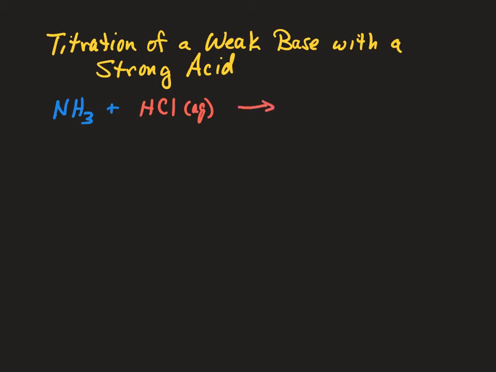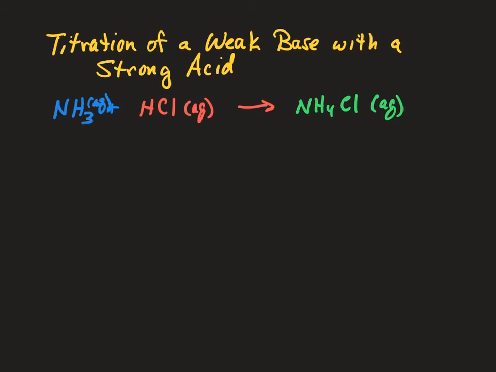And the product of that reaction, our product salt, is ammonium chloride. Again, aqueous. So our ammonia is aqueous as well. Let's just put that in there to be clear.